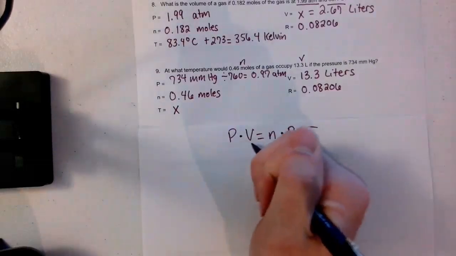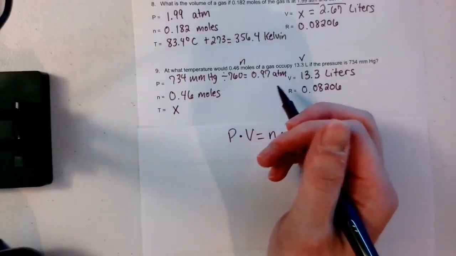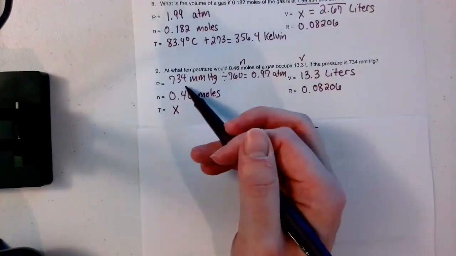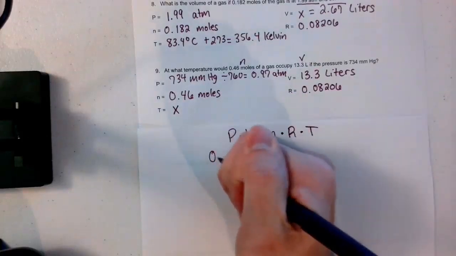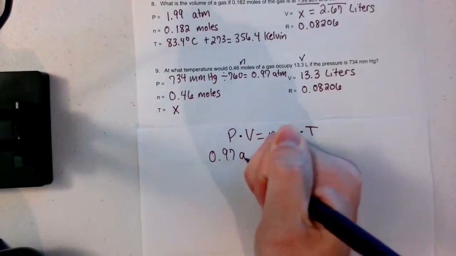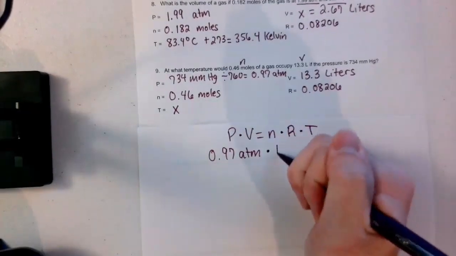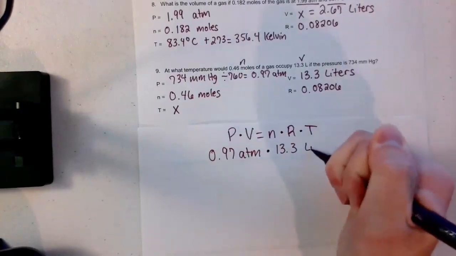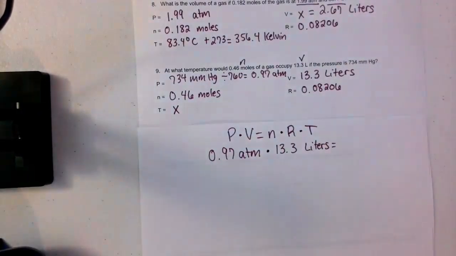Alright, so now P times V on this side, we're going to have to use the ATM value up here. So instead of using 734 mmHg, we have to use this 0.97 ATM. So 0.97 ATM, right, times the volume, which is 13.3 liters. And you don't have to write in the units as you work out the problem.